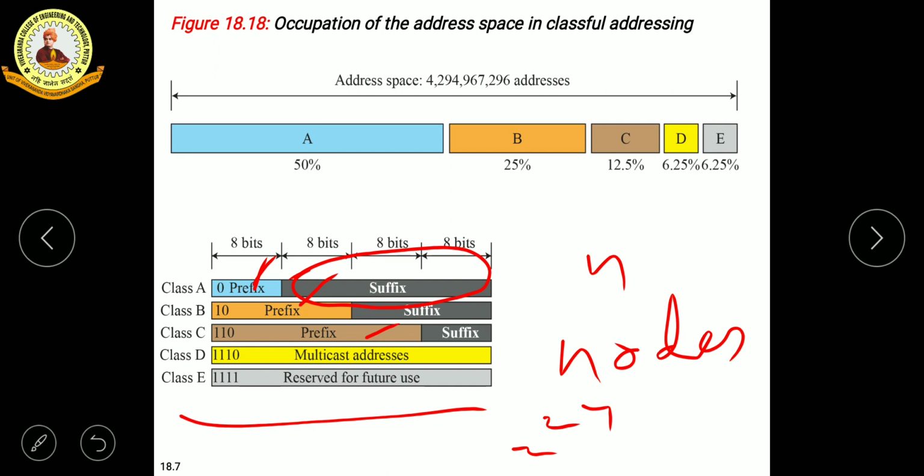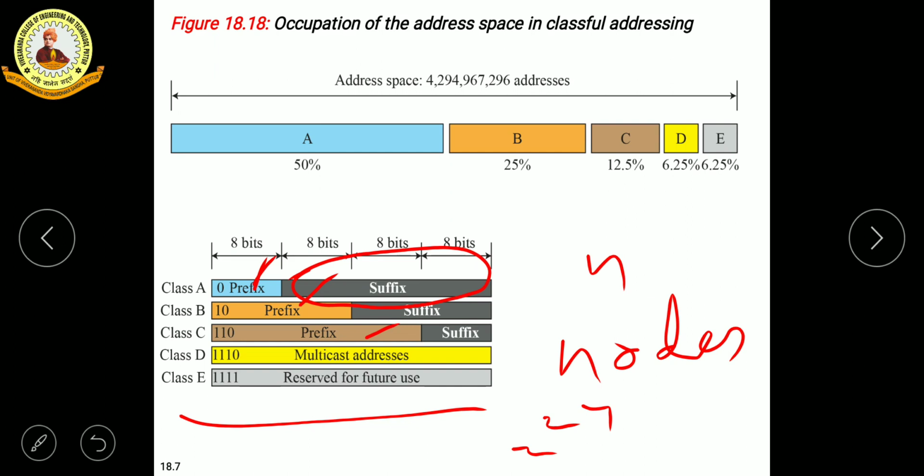Then all addresses that start with 110 belong to class C. In class C, the network length is 24 bits, but since 3 bits define the class, we can have only 21 bits as the network identifier. This means there are 2 raised to 21, or 20,97,152 networks in the world that can have a class C address.